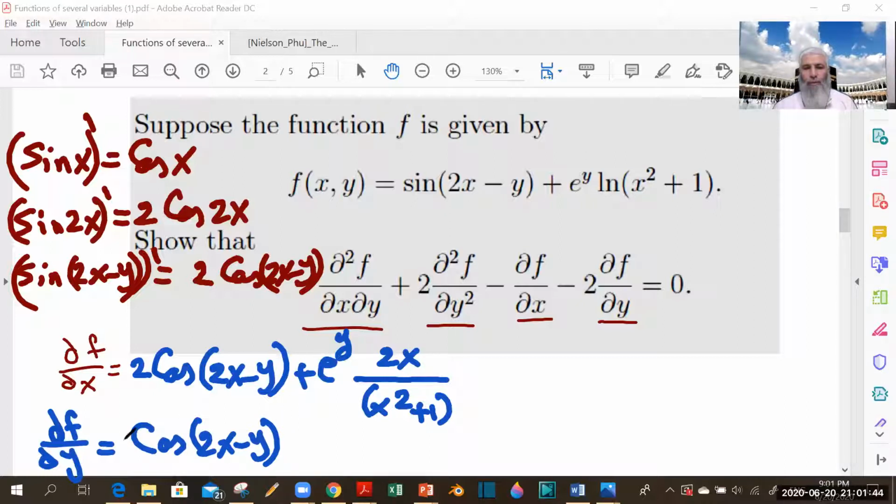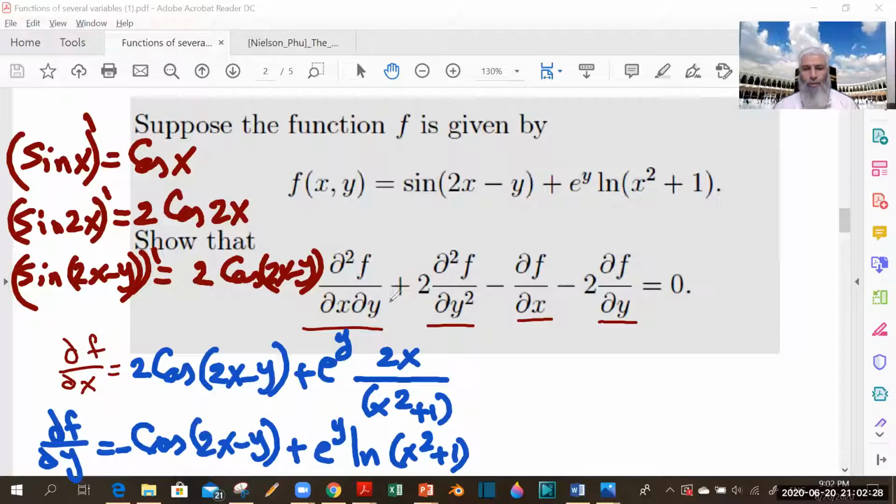With respect to y, it's negative 1, because the derivative of 2x is 0, since it is constant. So we have a negative sign here. Plus, with respect to y, the derivative of e^y is again e^y ln(x squared plus 1), because ln(x squared plus 1) is just constant. It is the same.